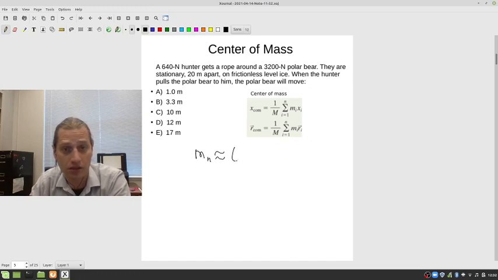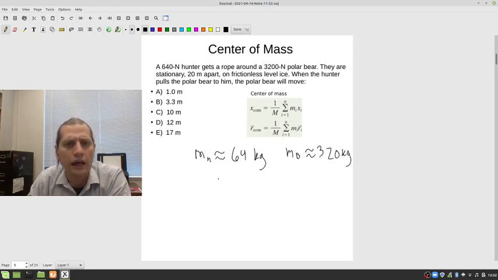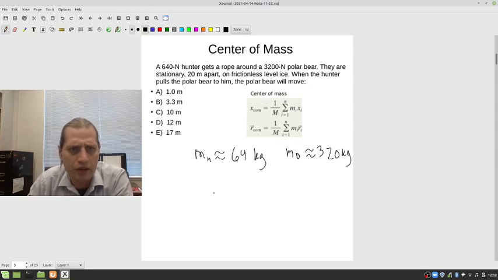So that's about 64 kilograms. The mass of the bear is about 320 kilograms. And it says they are stationary 20 meters apart on frictionless level ice.